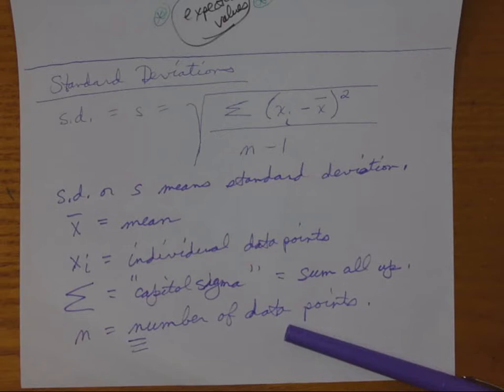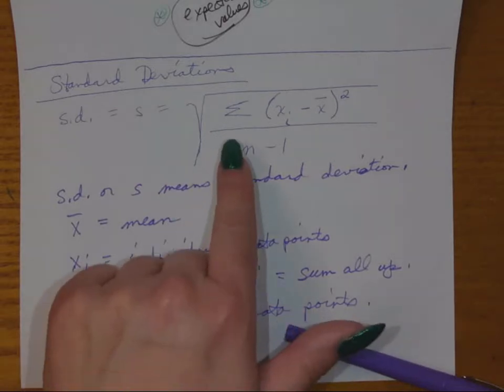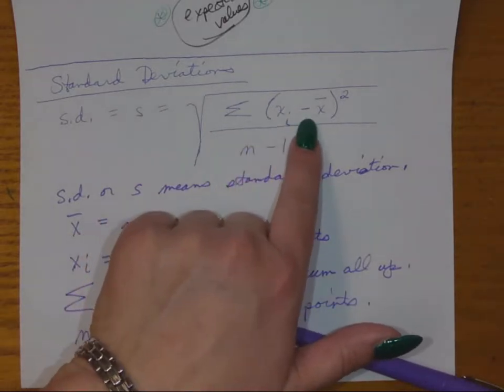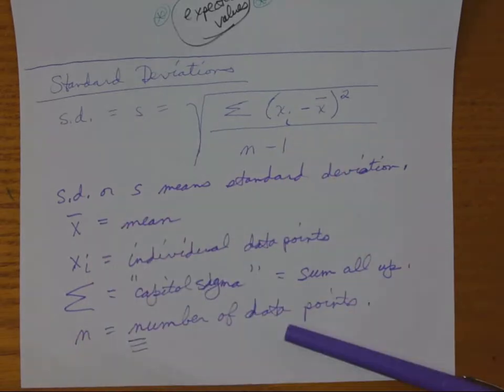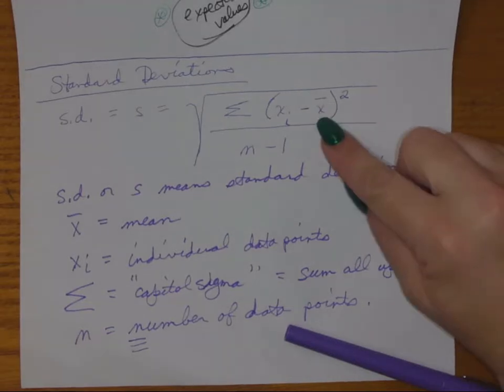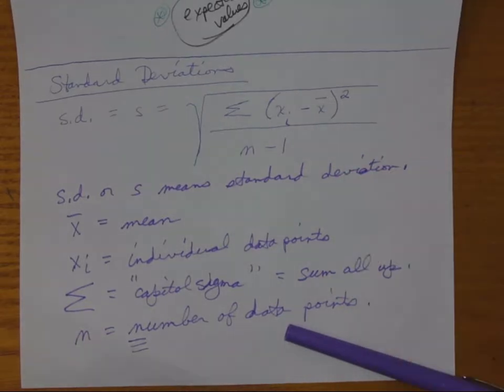Okay, so let's talk about what the heck's going on here. Whenever I look at this formula, I tell people go to the very center, which is inside of the parentheses, and we're going to work our way out. What's going on inside of those parentheses is, first of all, we're going to have to find the mean. Find the x bar, find your average. It's not so hard, we can do that. And we've already done that lots of times now, hopefully for the homework.